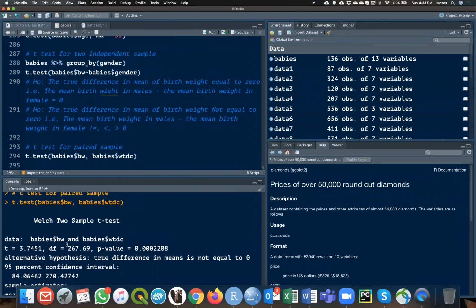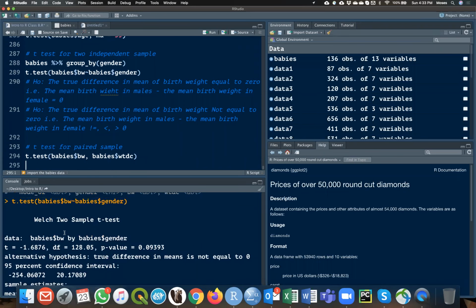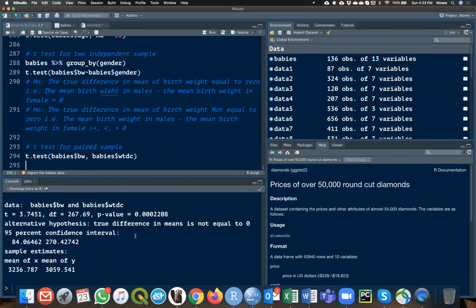Okay, so here it will bring back the same result as the one that was before, because I did not specify. You would realize that this formula is not much different from this formula. But here I need to tell it that these are from a paired sample, so I need to specify paired equal to true.